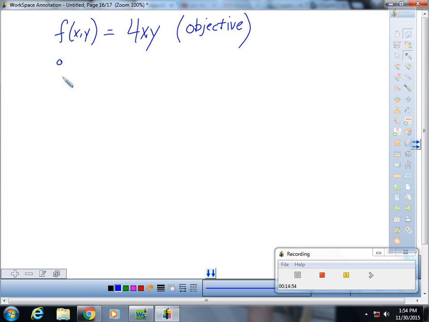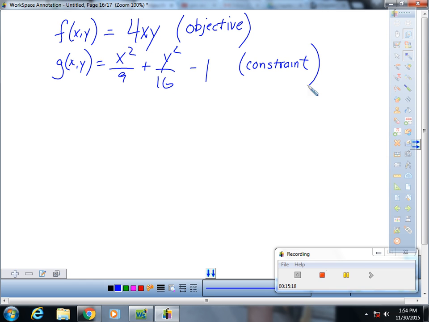So what is our g of x comma y? x squared over 9 plus y squared over 16 minus 1. That is our constraint equation. And I know what I want to do, so what is our f sub x?